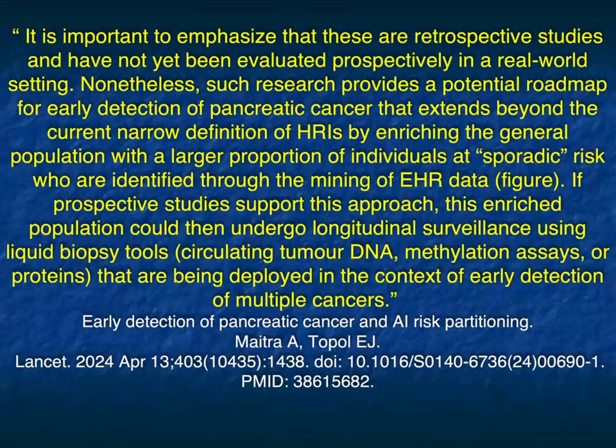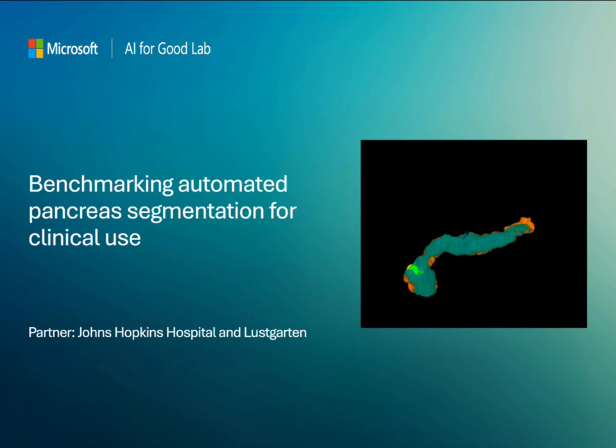And this article makes the point that we may be able to look at all of these patients by looking at the fact that we can use AI to predict which patients are at a higher risk by looking at the EHR data, looking at the images, looking at liquid biopsies, looking at lots of bits of information. So very exciting.